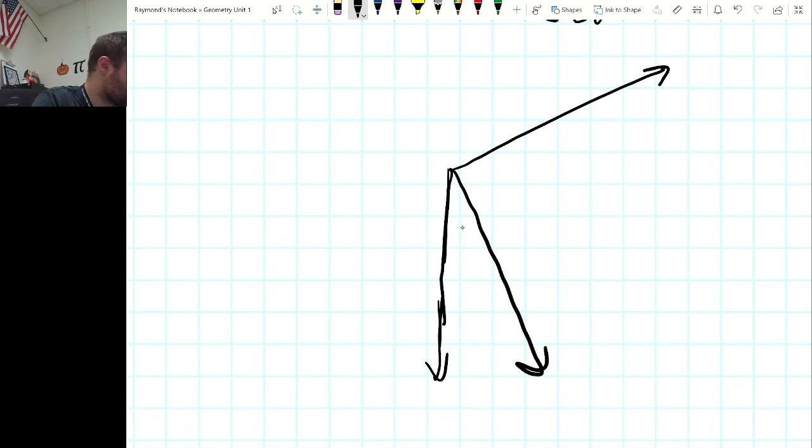And they give us that this is 32 degrees in here. They give us that this big angle out here is 245 degrees. And they give us that this angle here is x minus 39 degrees.